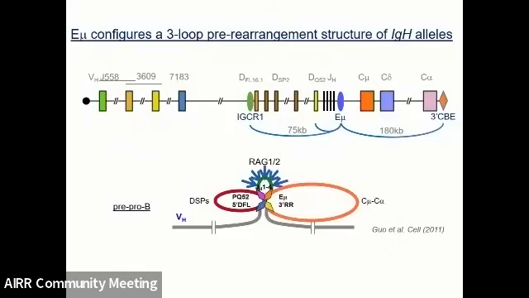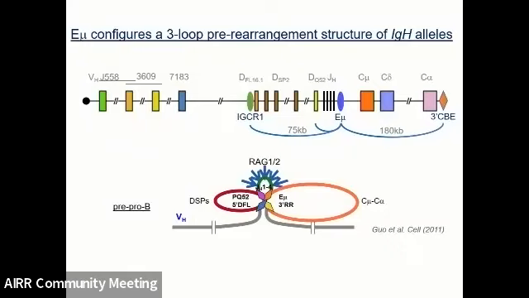Additionally, the 3' most D gene segment and the 5' most D gene segment are the ones located spatially closest to the recombination center. And we propose that that might be one of the reasons that the 5' most and the 3' most D gene segments recombine at higher frequencies than the intervening D gene segments, which will lie in the rest of the red loop there.